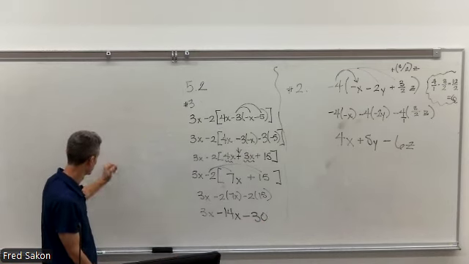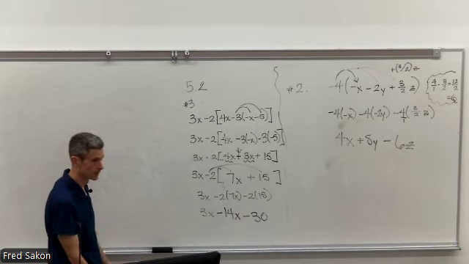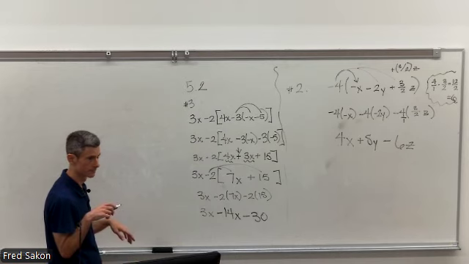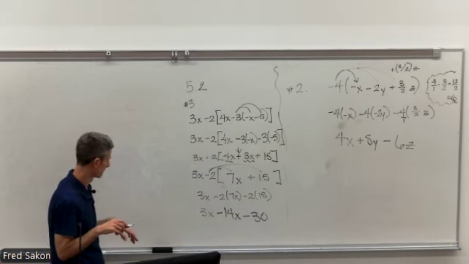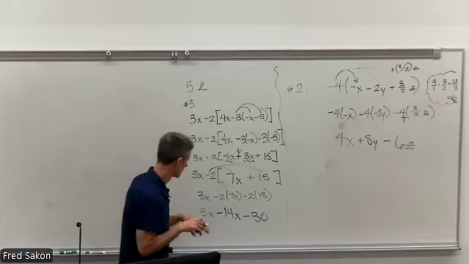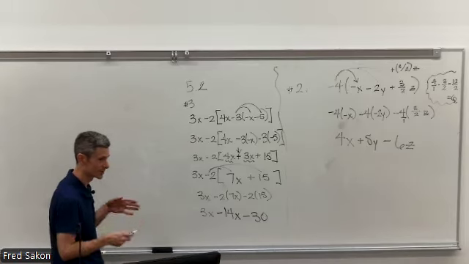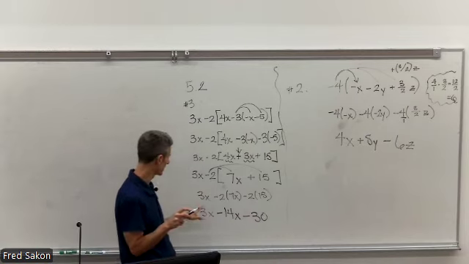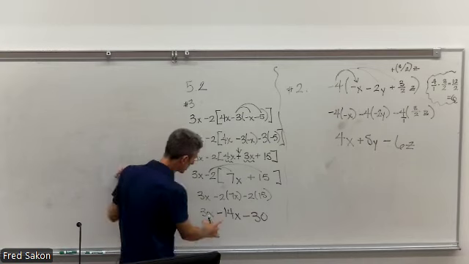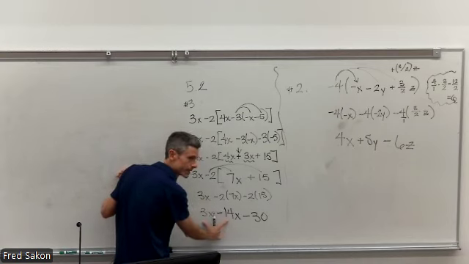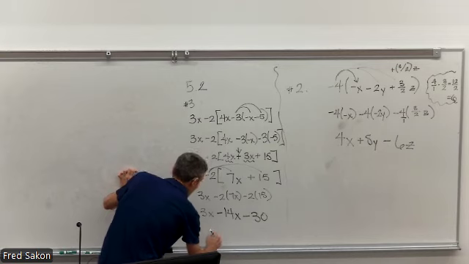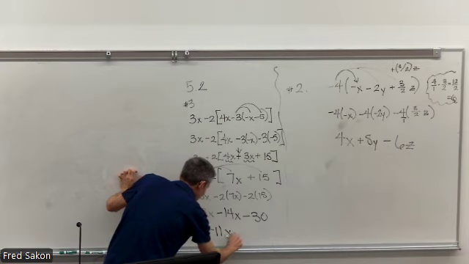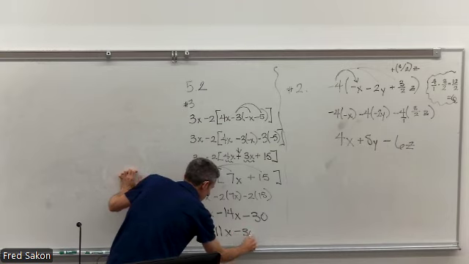What more can we do here? What is that going to give us? You're multiplying still between those two terms. I heard 42. That's 3 times... What's 3 minus 14? So negative 11x minus 30.